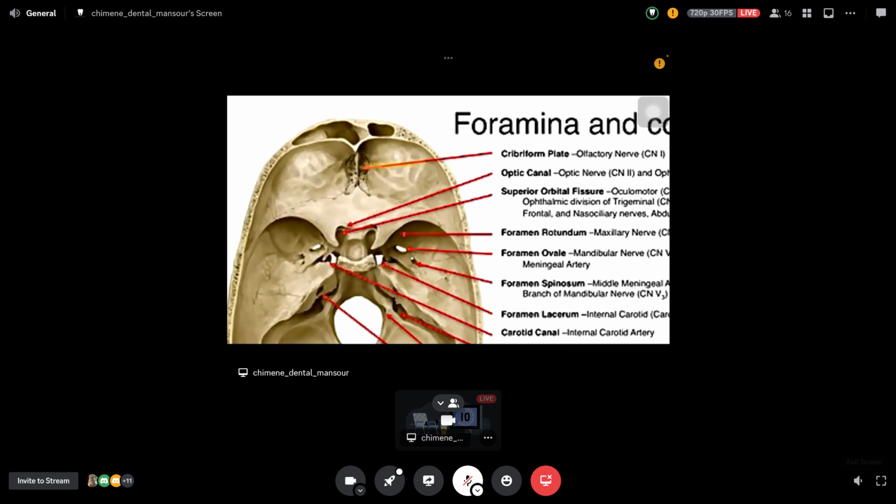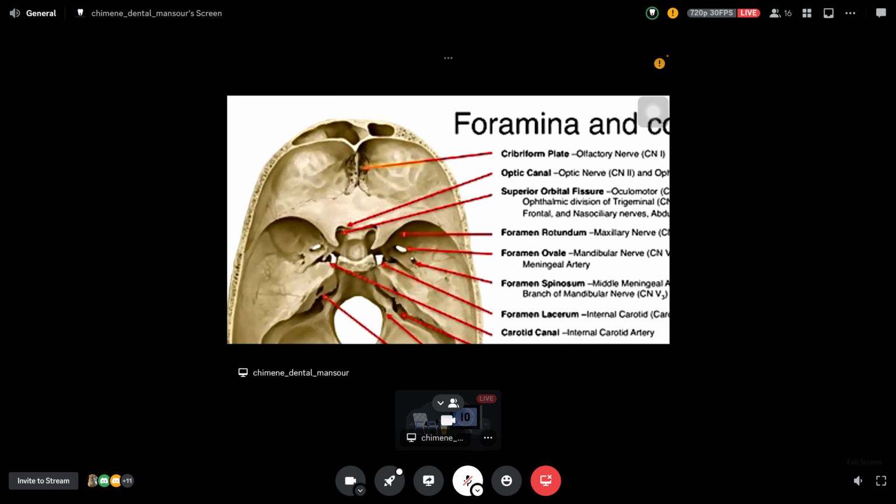Let's talk about these sinuses. The biggest sinuses that you can see in front here are those that belong to the maxillary sinus. You have also the ethmoidal bone, the ethmoidal labyrinth.